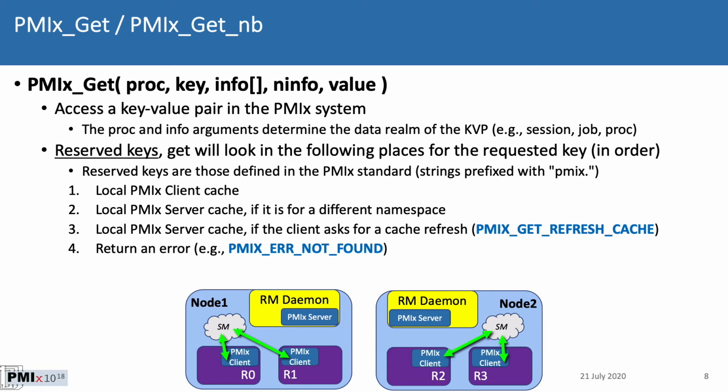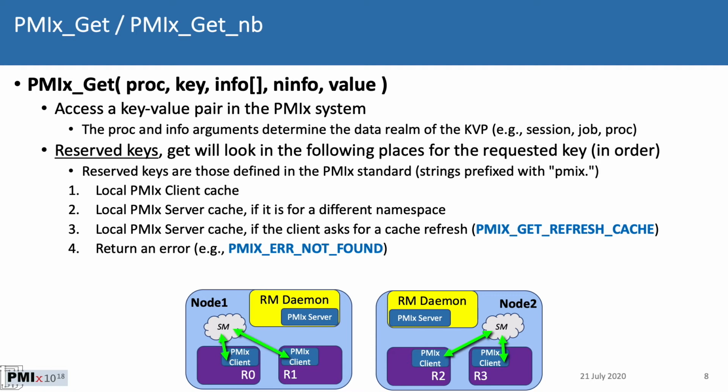If the key is a PMIx standard reserved key, which means that it's defined in the standard and it's prefixed with the PMIx dot set of characters, then the PMIx library looks to the local cache in the client for the data, and then the local server before returning an error. Reserved keys are established ahead of time by the local PMIx server, so there should be no need to look to a remote daemon for this information. That's why we just look locally here.